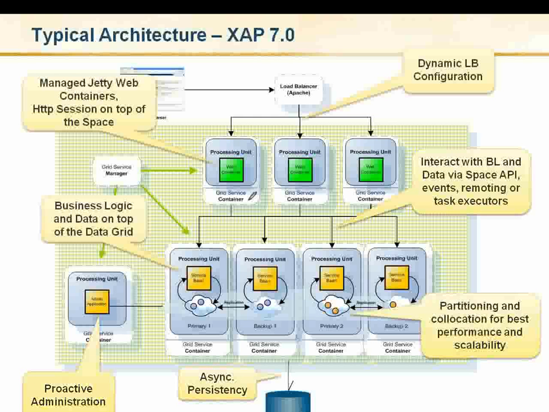The last bit in this picture is something that's new to 7.0 and is based on the administration monitoring API, which Shai is going to talk about in this webinar. And basically here what you can do is implement your monitoring and proactive administration code using the GigaSpaces management API.